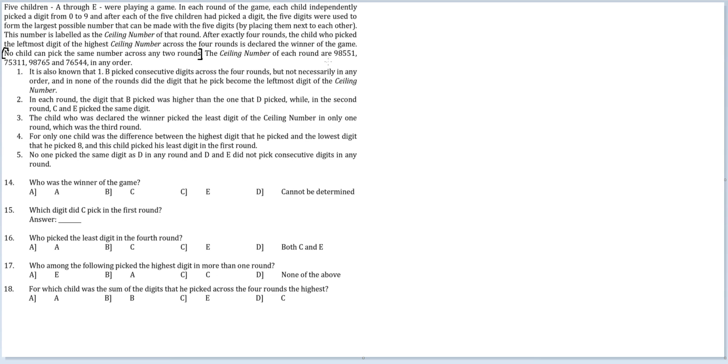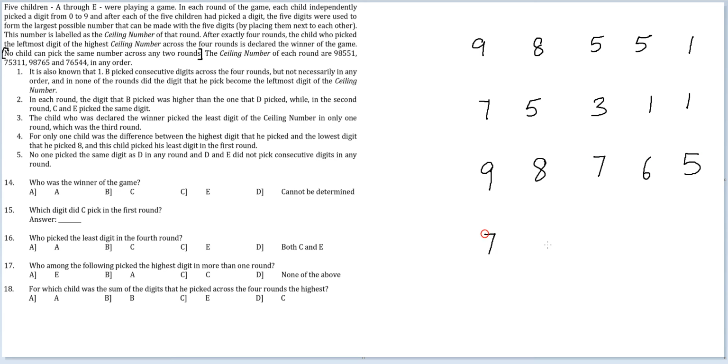The ceiling numbers of the rounds are 98511, 75311, 98765, and 76544 in any order. Let me just write down these numbers. I have 98511, I have 75311, 98765, and 76544.